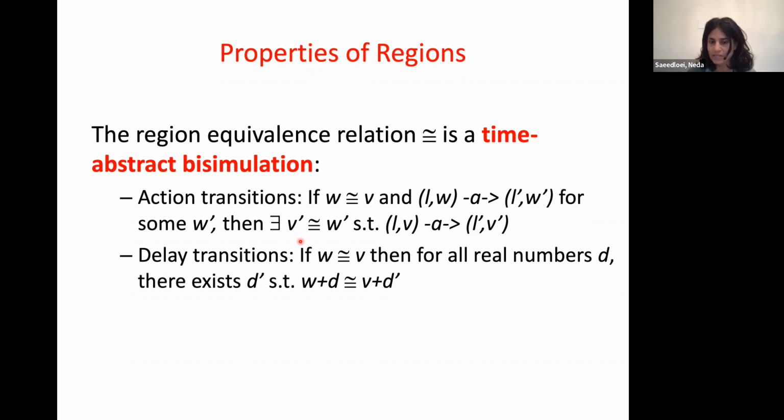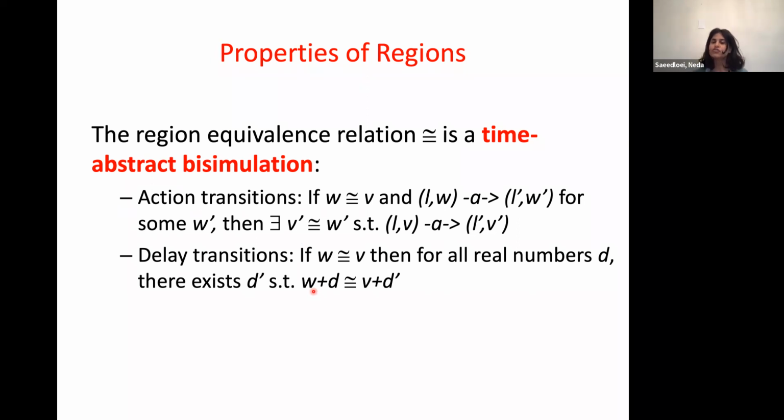How about delay transitions? If two clock valuations are equivalent, then for all real numbers D, there must exist some D prime such that W plus D is equivalent to V plus D prime. What is W? W is my initial clock valuation. After D units of time, it is going to be equivalent to V plus D prime.